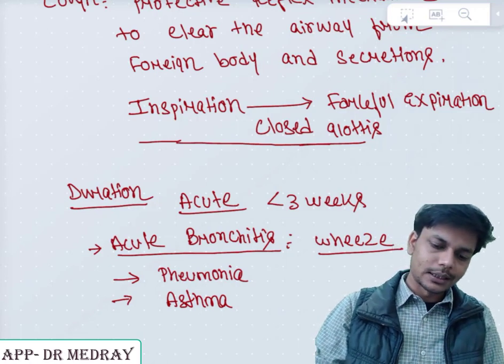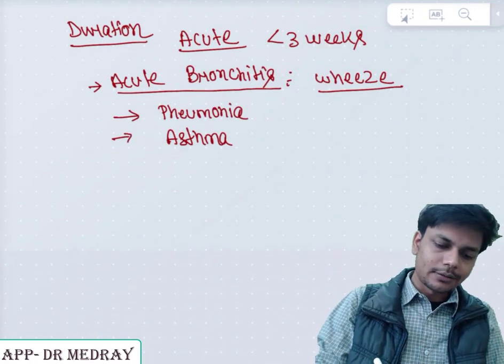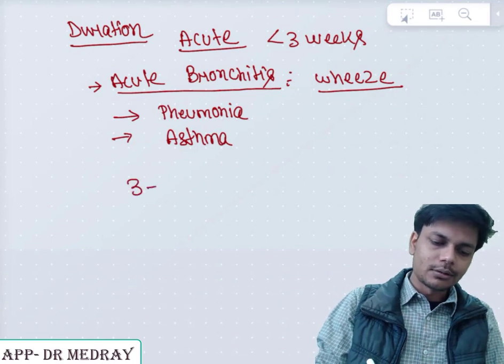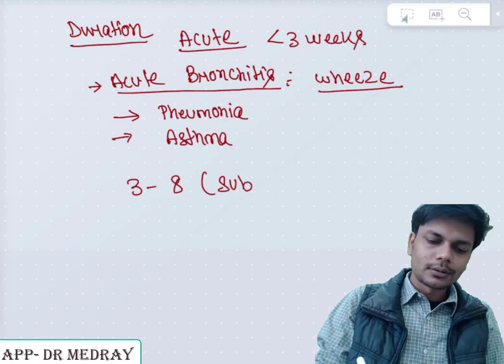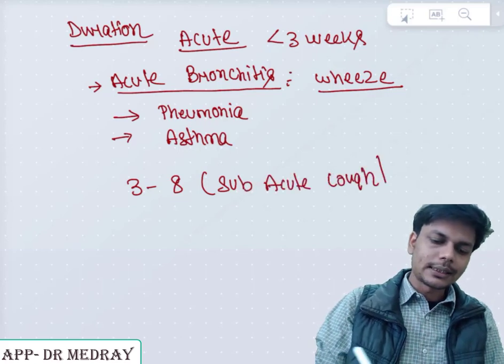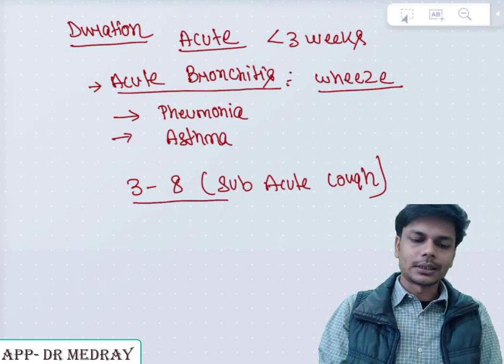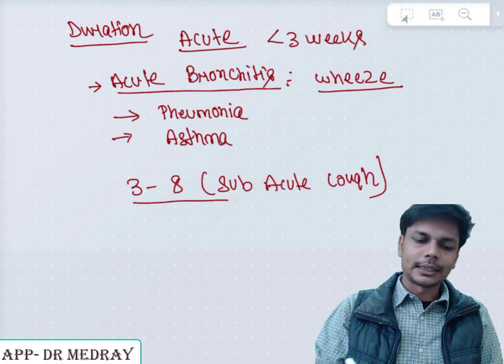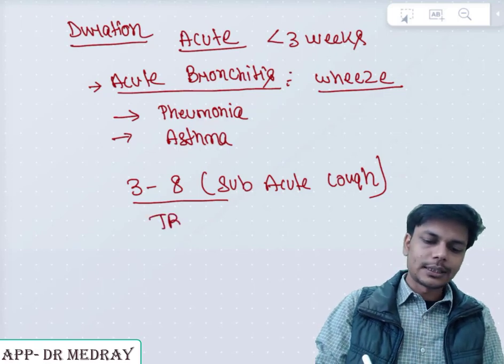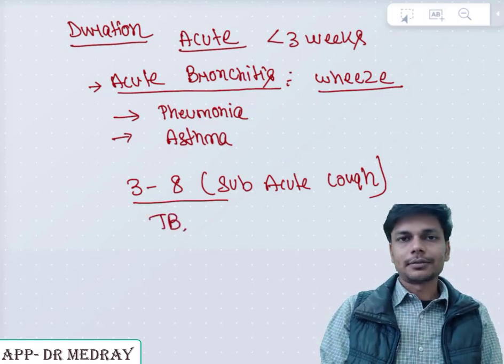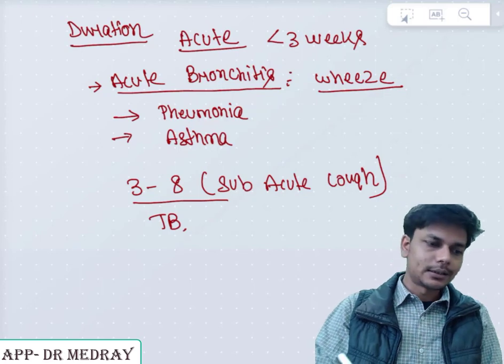If the duration of the cough is between 3 weeks to 8 weeks, it is known as subacute cough. As we know, tuberculosis usually presents with cough of 3 to 8 weeks duration.